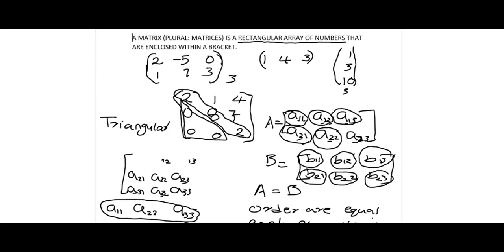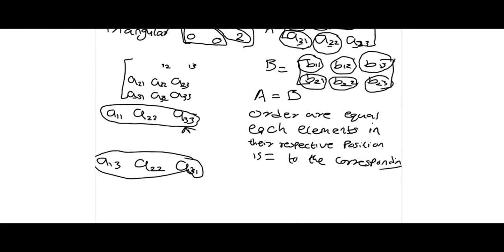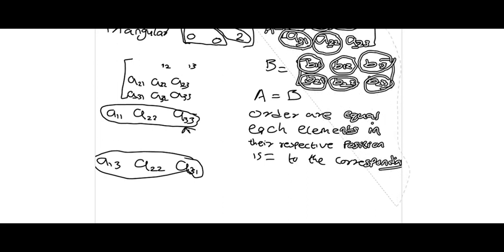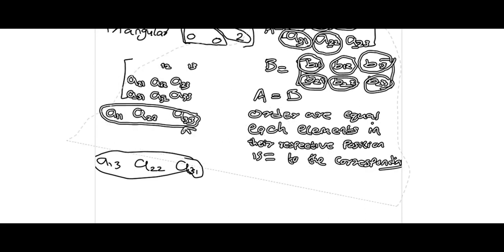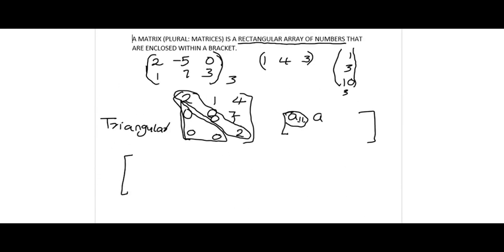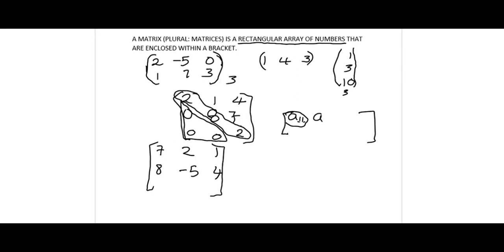Let me clear out more space so that I'm sure that we understand this whole thing. I'm going to wipe all this, so I can do that again, and then we see what I'm talking about. Okay, so if I have a matrix like this, 7, 2, 1, 8, minus 5, 4, 3, 2, 1.